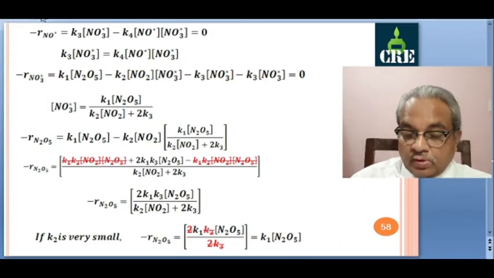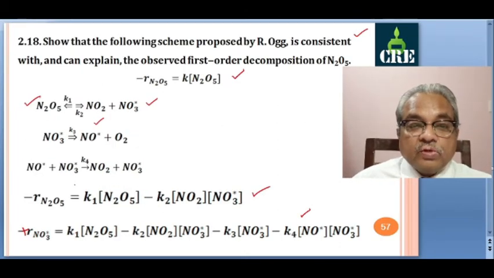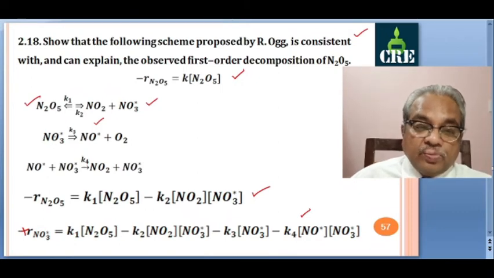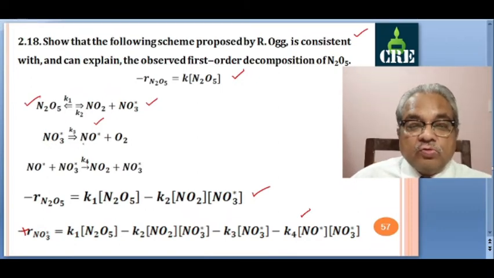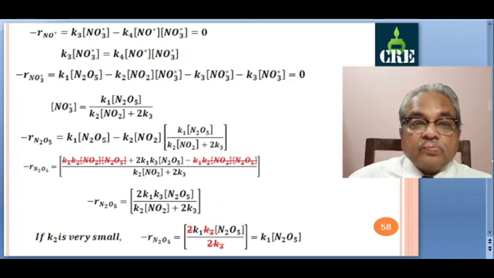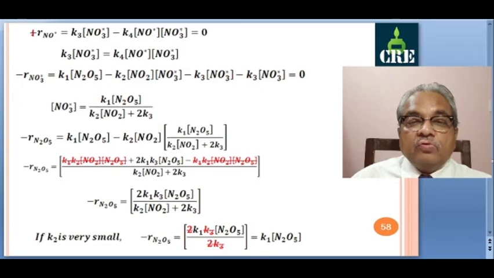Similarly, for NO star, this also we want to replace concentration of this. So NO star is there in this reaction and in this reaction with the rate constants K3 and K4. So NO star is formed with this K3 NO3 star. So this is plus sign formation. Rate of formation of NO star is equal to K3 NO3 star minus K4 NO star NO3.